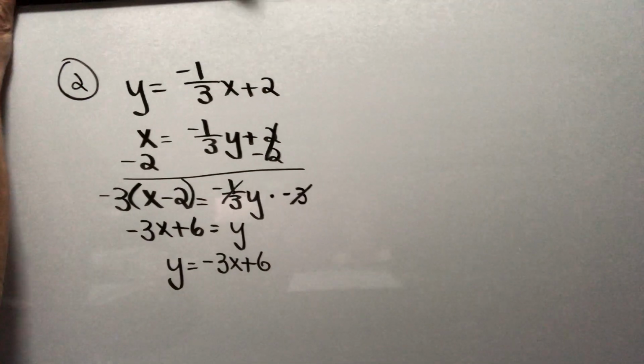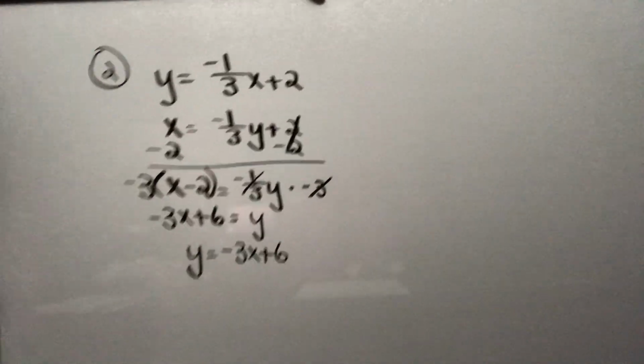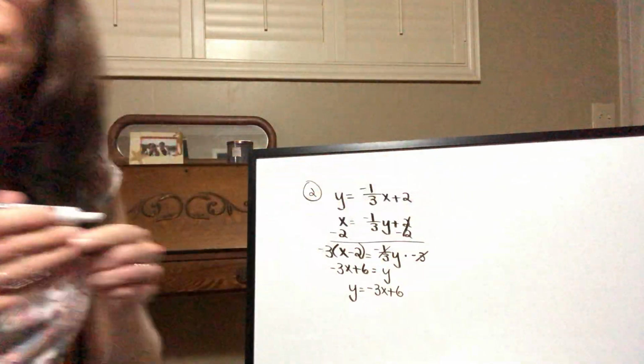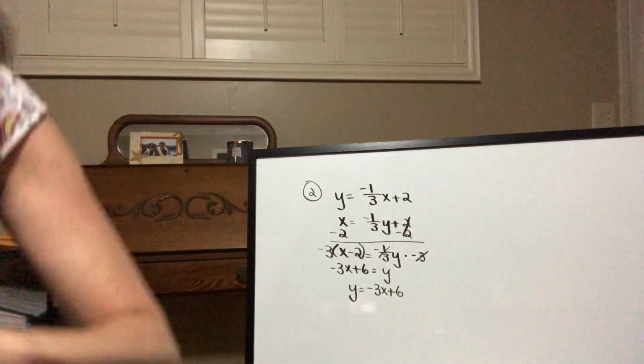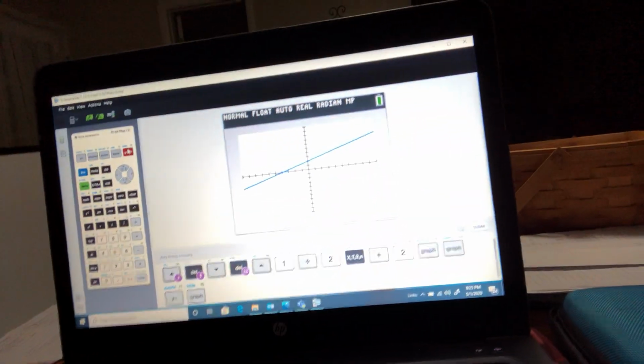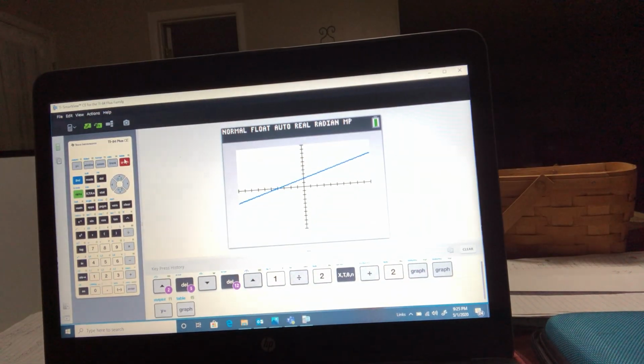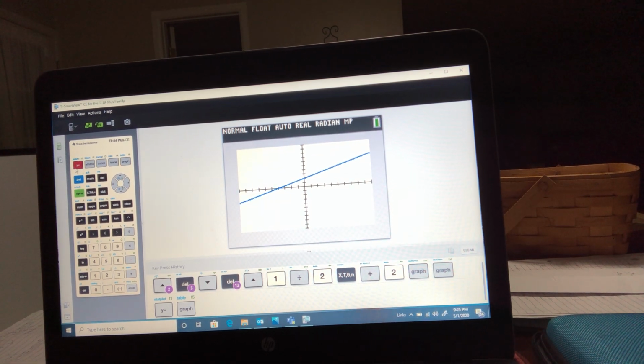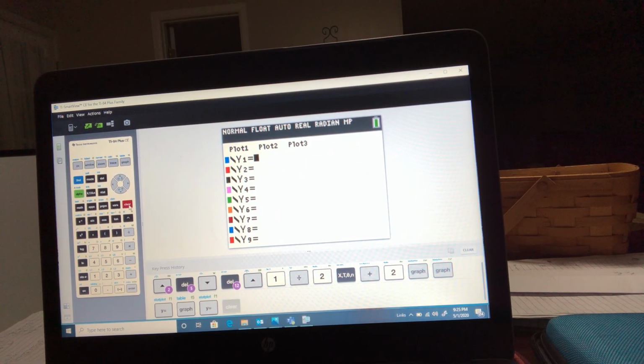Okay, so I want to know, is this answer truly a function? So I'm going to go to my calculator and check out its graph. Okay, so I'm going to go to y equals, and erase what I had before.